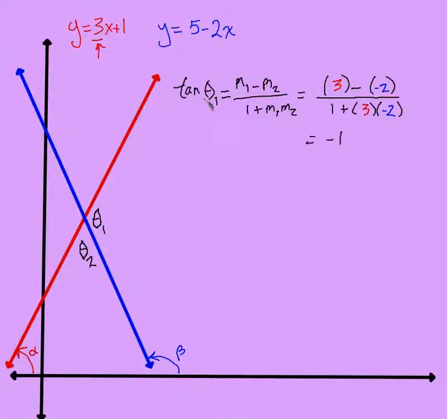So the tangent of theta 1 is going to be equal to negative 1, which then means that theta 1 is going to be equal to 135 degrees. So this angle here is 135 degrees, which then means that this angle here, theta 2, must be 180 minus 135 degrees, which is 45 degrees.